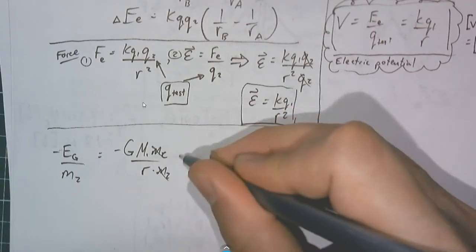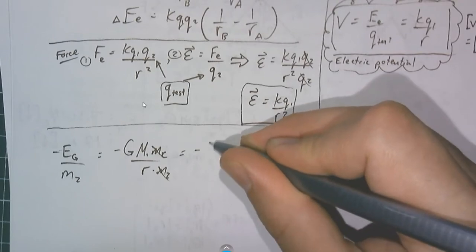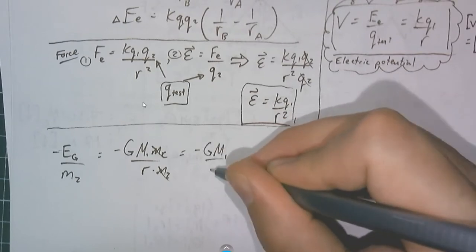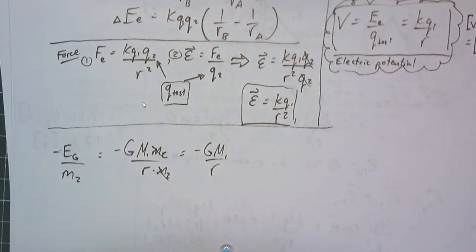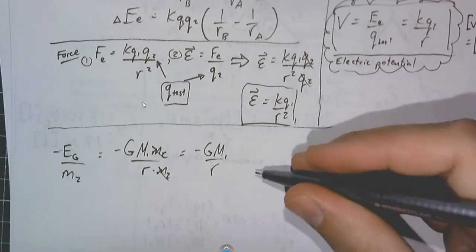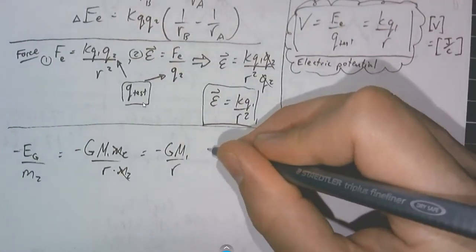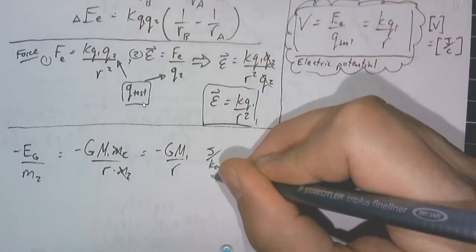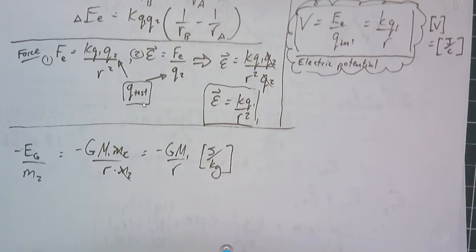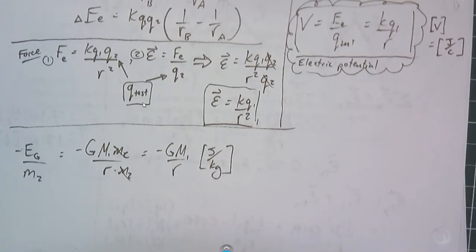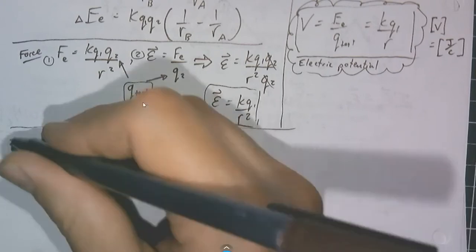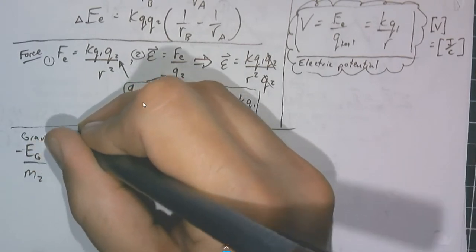The m2s would cancel out, and you'd have something like negative G m1 over r, which is something that we've never looked at before. If I looked at the units, this wouldn't be joules per coulomb, like with electric potential. It would be units of joules per kilogram. And I think to myself, well, why would that be useful? And I can't think of a useful purpose for this idea of what I would call gravitational potential.